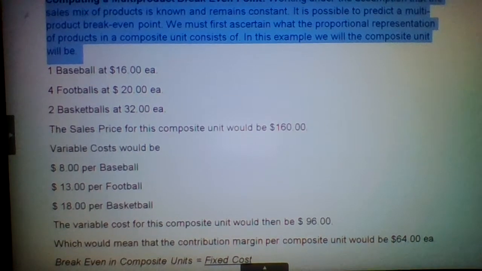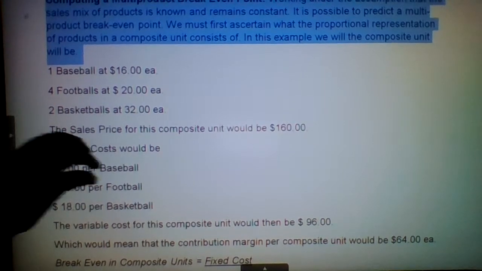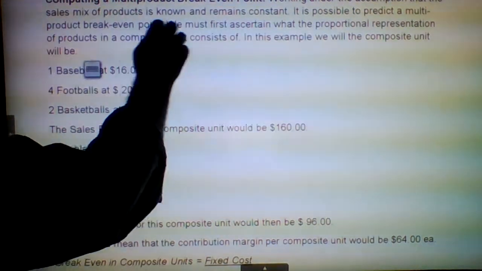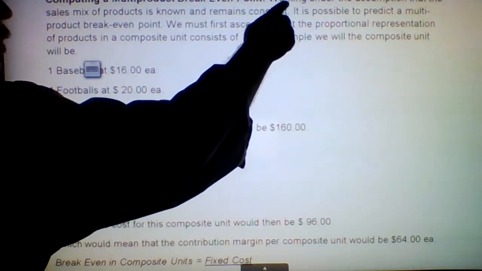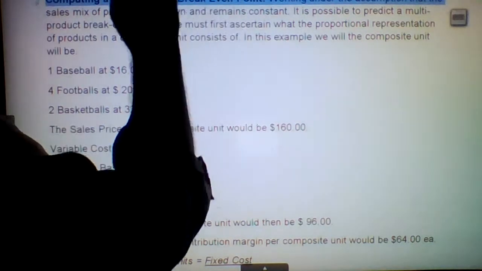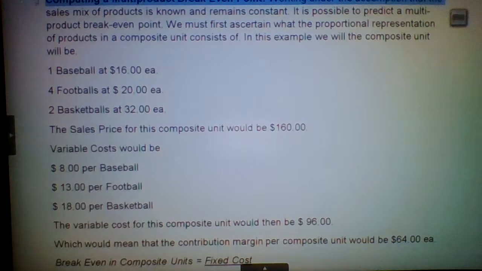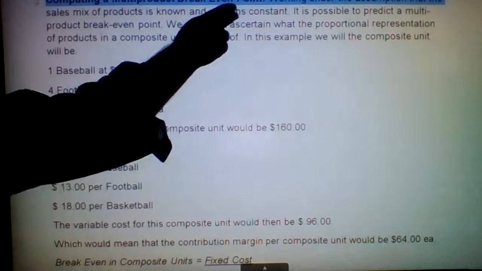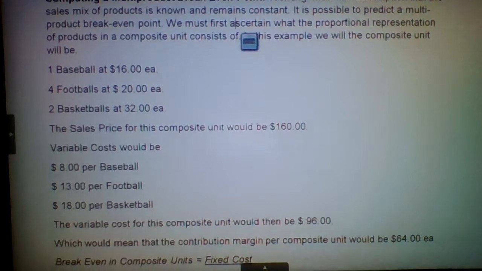Working under the assumption that the sales mix of products is known and remains constant, it is possible to predict a multi-product break-even point. Now, this is a very important caveat here. You have to have these two assumptions be correct. You have to have the sales mix of products known and it remains constant.